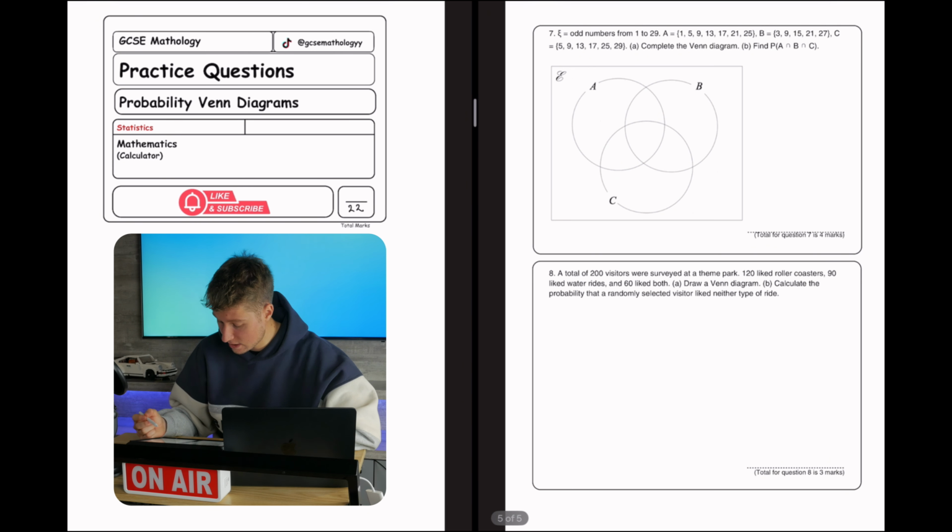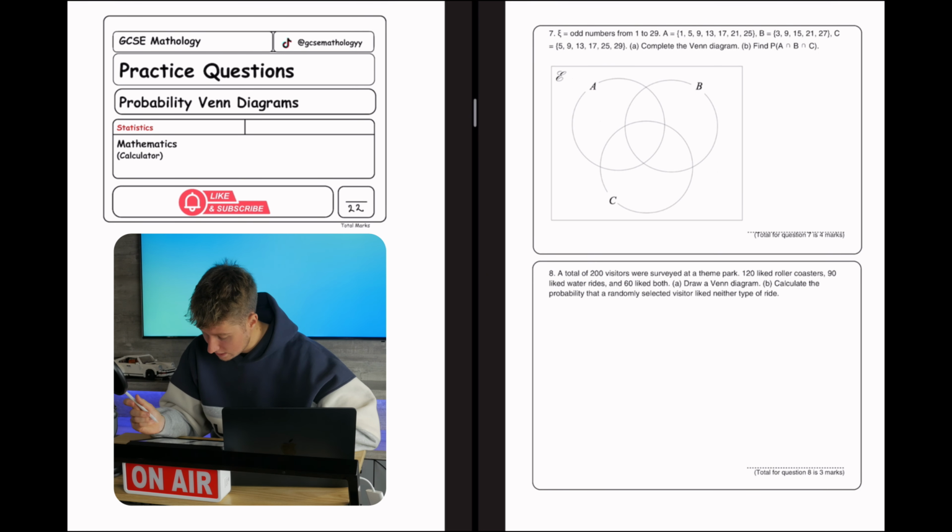Question 7 says, the set includes odd numbers from 1 to 29. And then we've got this list of A values and then B values, and then C is equal to this set of values. Part A says complete the Venn diagram. So what we need to do first is look at what is in both of the sets. So let's start with 1.